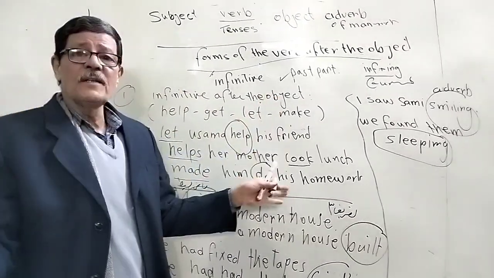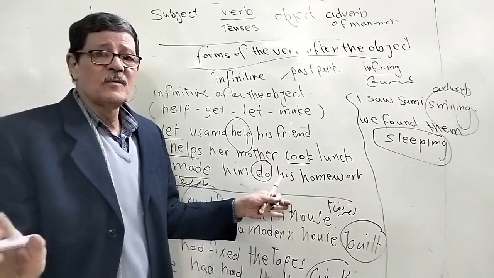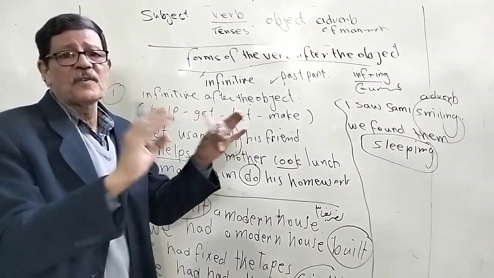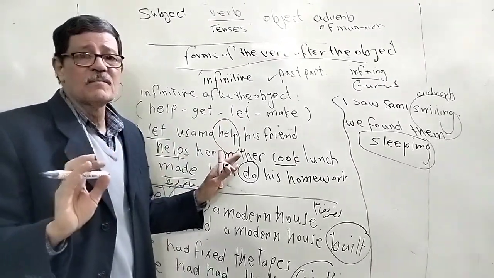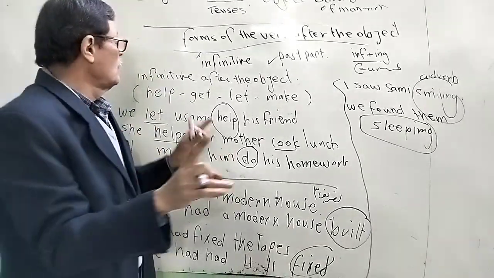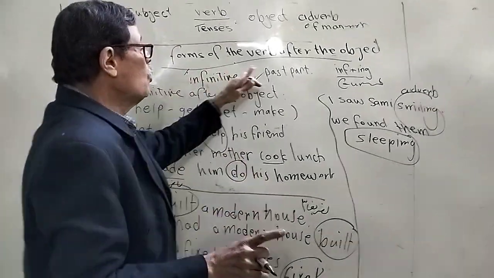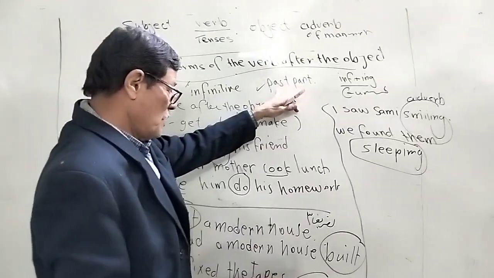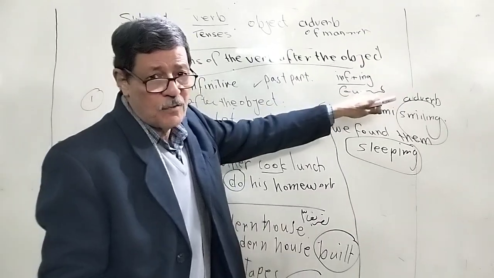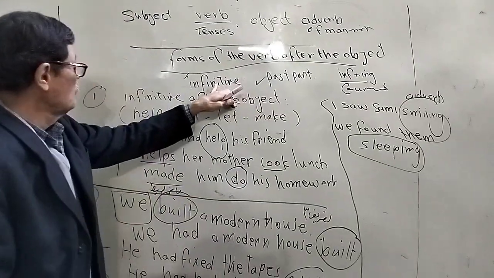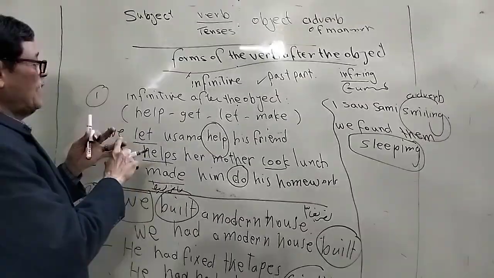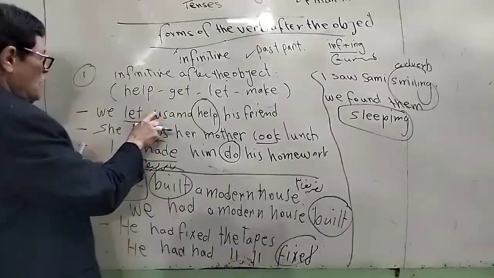The conclusion is what? Don't use any tense after the object. But use forms of the verb: infinitive or past participle or gerund. Infinitive plus ing. Infinitive, if there is help, get, let, make in the sentence.